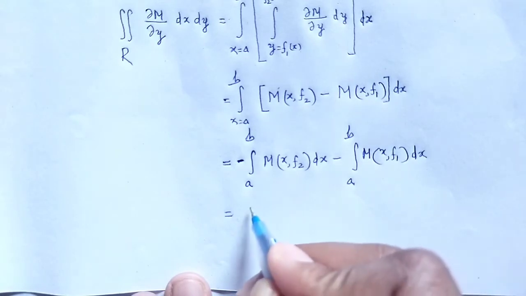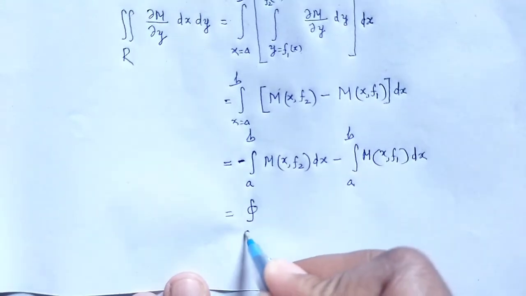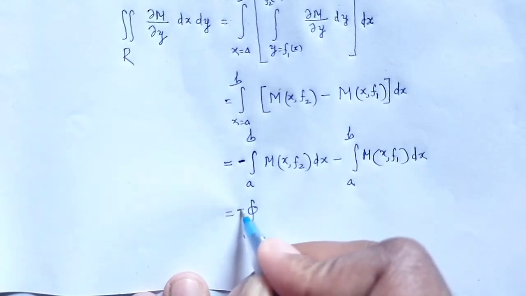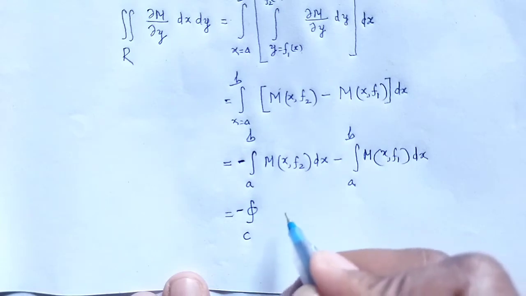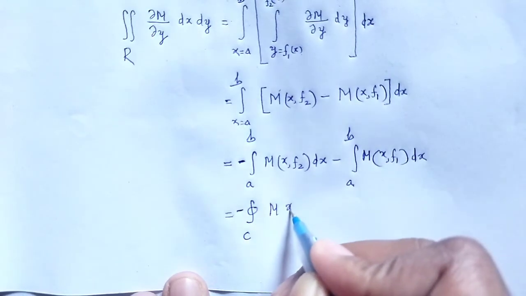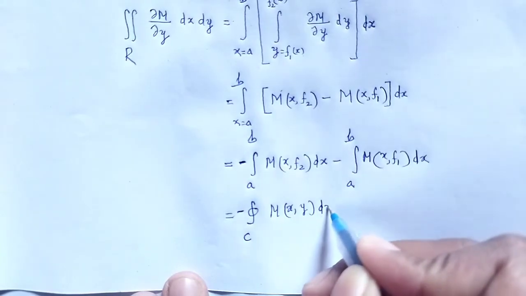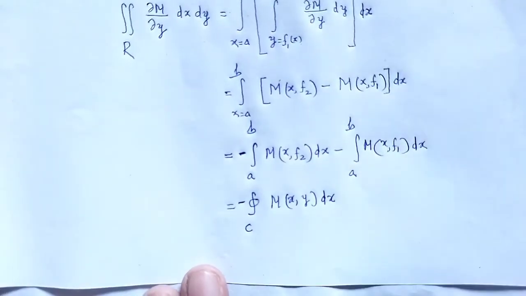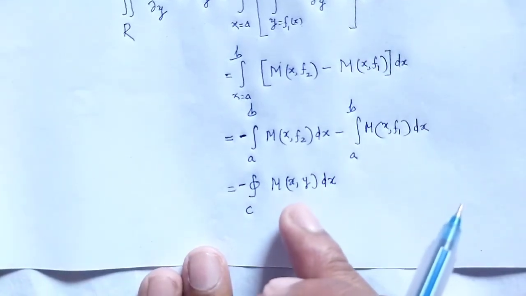We can write the integration over C, taking minus as common, of M(x,y) dx. From the figure we can conclude, when it is positive, this term will be negative.